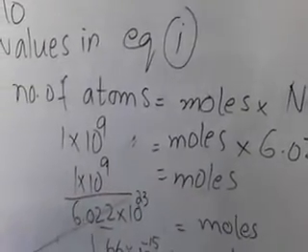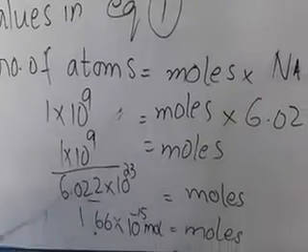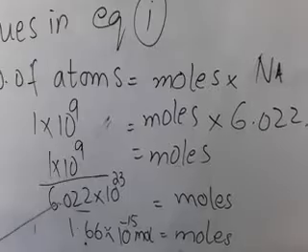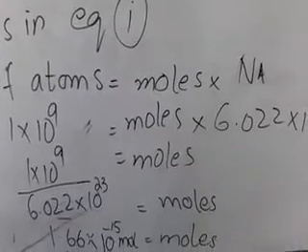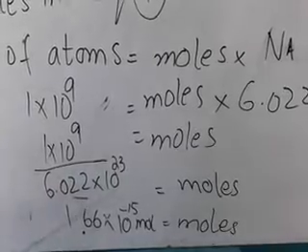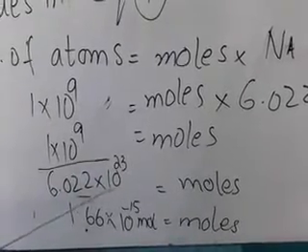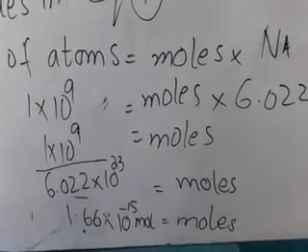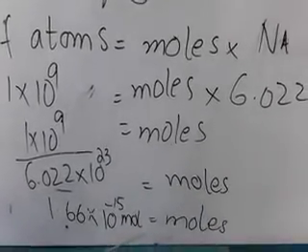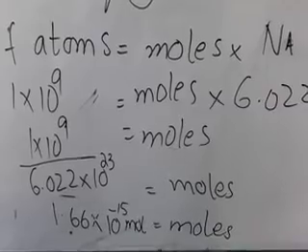So we will get moles is equal to 1 into 10 raised to power 9 divided by 6.022 into 10 raised to power 23. Using your calculators, do this calculation and we will get 1.66 into 10 raised to power minus 15 mol, MOL as a unit. So this is the answer for this question.